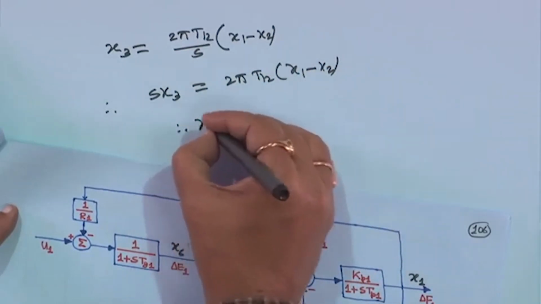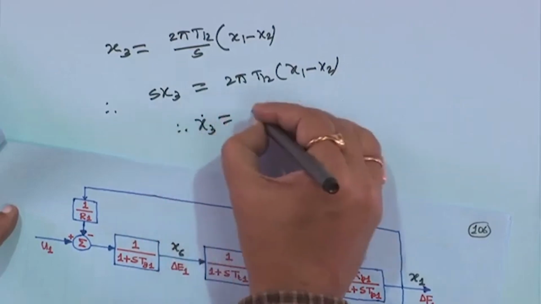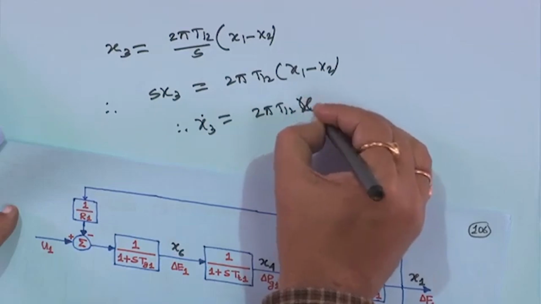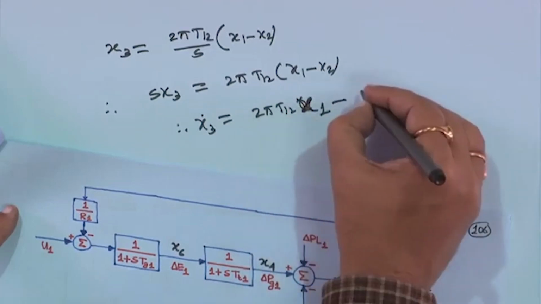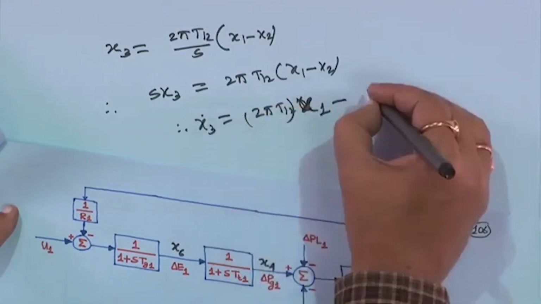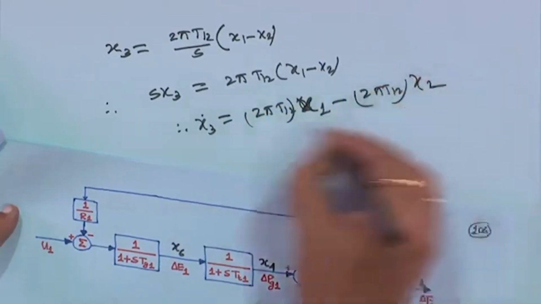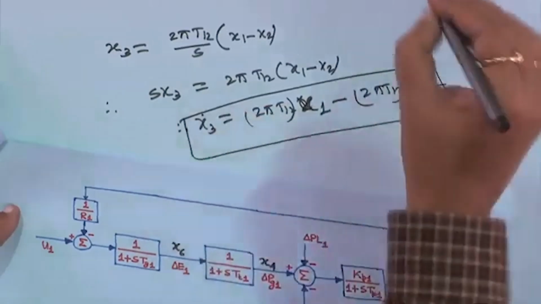That means x3 dot is equal to 2 pi T12, I am making the bracket, 2 pi T12 x1 minus 2 pi T12 into x2. So, this is your x3 dot.